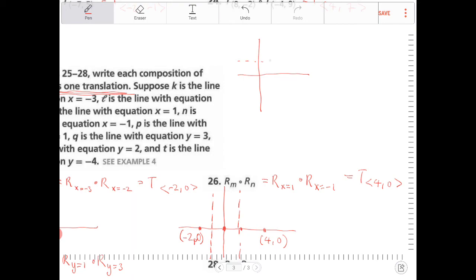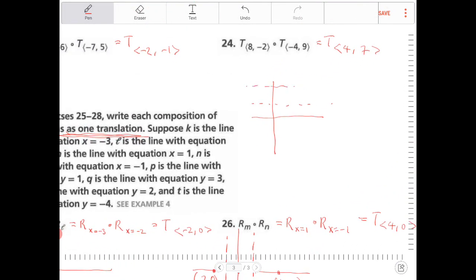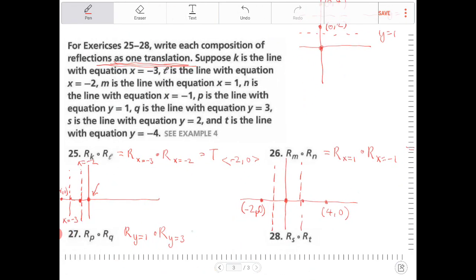Y equals 1 is here, and y equals 3 is up here. If I were to reflect 0, 0 over y equals 1, and then y equals 3, I'll end up at 2. So this will be 0 comma 2, and then reflect 0 comma 2 over line y equals 3, I'll end up at 0 comma 4. So I'm translating this 0 comma 4.